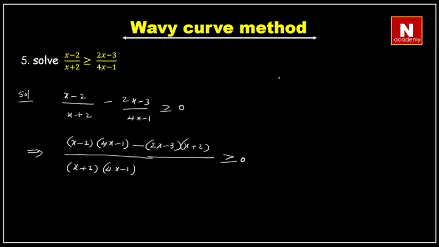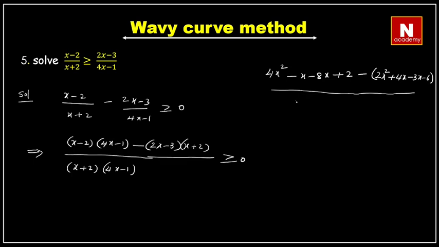After multiplying these two brackets we will get 4x square minus x minus 8x plus 2, minus of, multiply these two brackets now, 2x square plus 4x minus 3x minus 6, divided by (x plus 2) into (4x minus 1) is greater than or equal to 0.